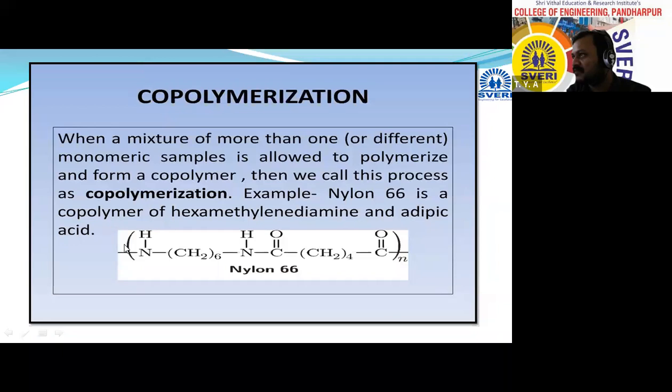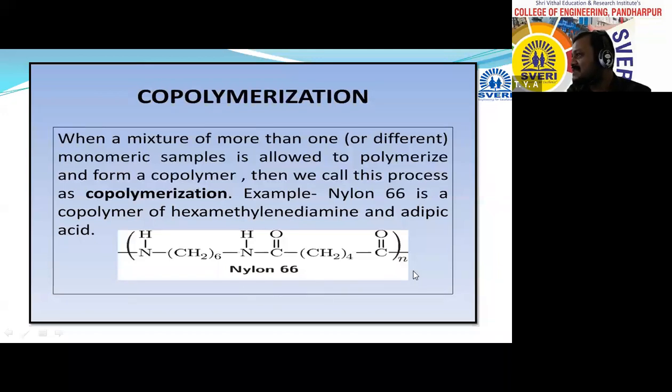Okay, adipic acid and hexamethylene diamine. Okay, this is the name, hexamethylene diamine and adipic acid. This is one monomer, this is another monomer, and they will combine together to form nylon 66.